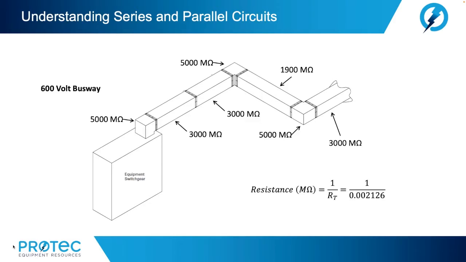If we go through the calculations, you should have come up with 1 over 0.002126, and we take the reciprocal of that, and we would see that this total resistance in this bus section or system comes out to 470.37 megohms, depending upon how your calculator did the rounding. But you would have come up with a value somewhere around 470 megohms.